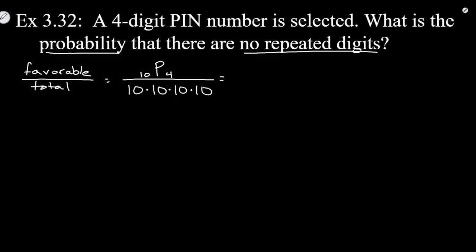So I think we've done enough of the permutation and combination stuff. So what I'm going to put into my calculator here is 10P4 for the top number, and I'm getting a pretty big number.